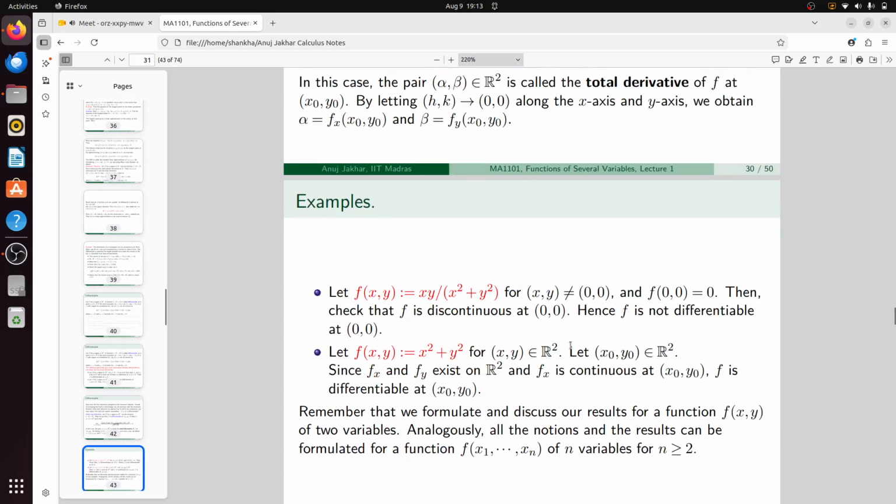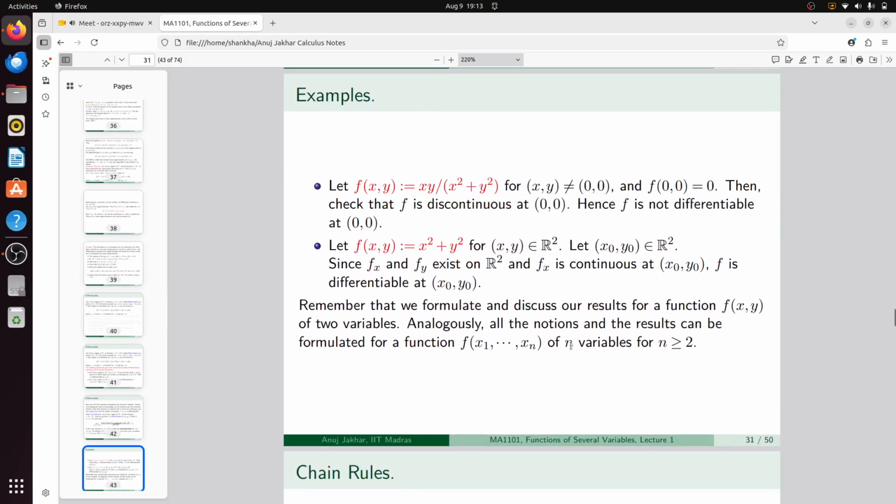So next, f(x, y) = xy by the square root of x squared plus y squared. This function is not continuous, so there is no possibility of this function being differentiable. f(x, y) = x squared plus y squared is a very nice function. It is always differentiable, always continuous, everything is good for this function.